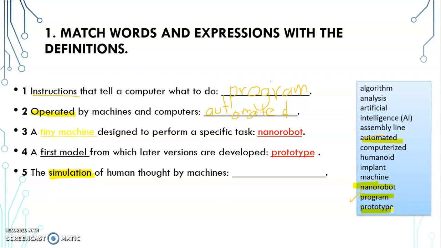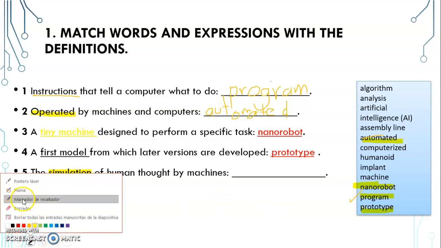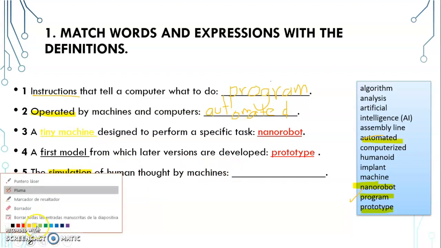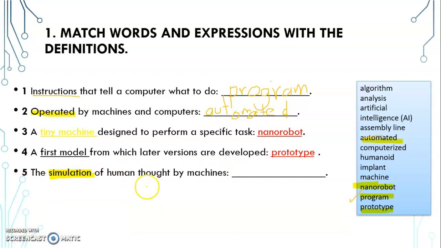Prototype. And what is the next word? I'm going to change the pen, but I want the color yellow. The simulation of human control by machines. What is it? Artificial intelligence. Okay, that is one word.